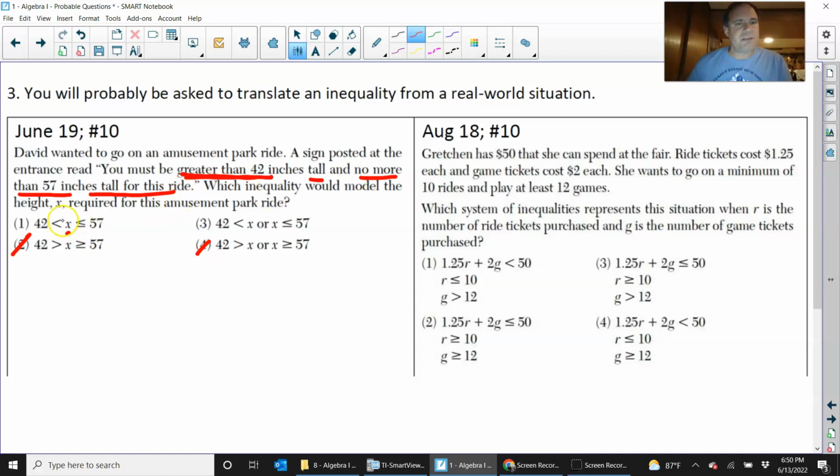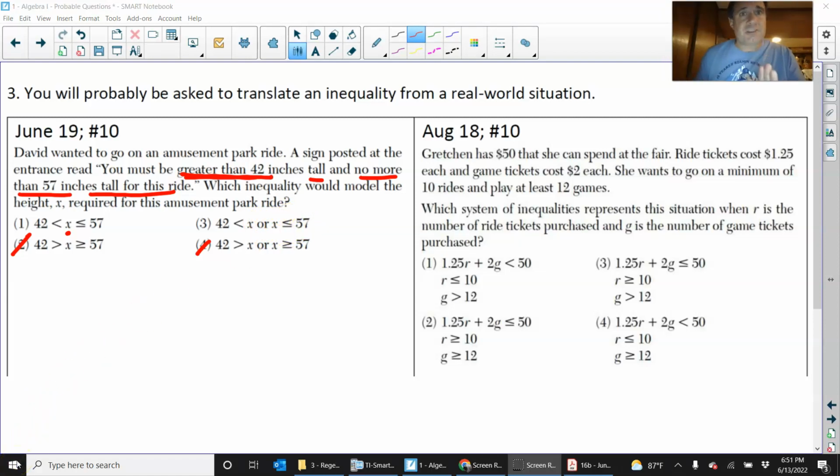X is greater than 42, and x is less than or equal to 57. So tricky question: is it an or or an and? It's an and, because you have to be greater than 42 and no more than 57 inches.